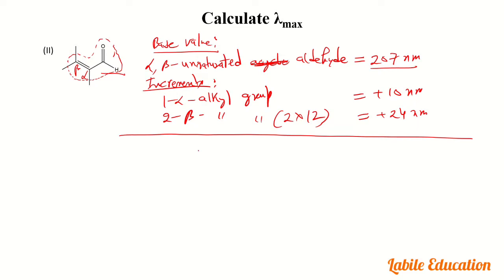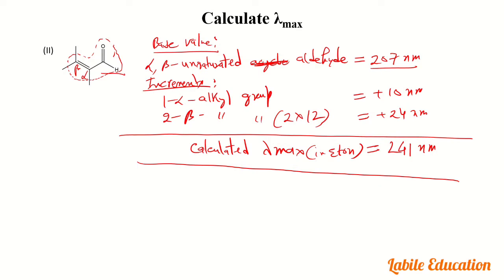So this will be the calculated lambda max in ethanol, because these values are in ethanol. Total 207 plus 10 plus 24, that is 241 nanometer. This will be the calculated lambda max.